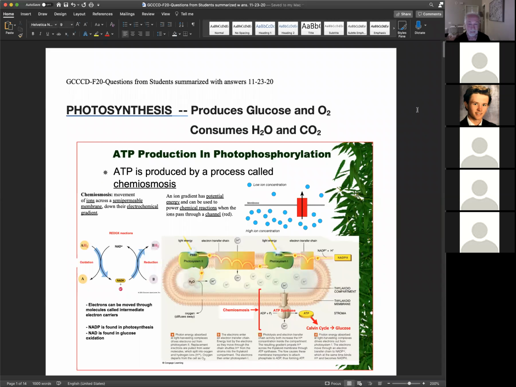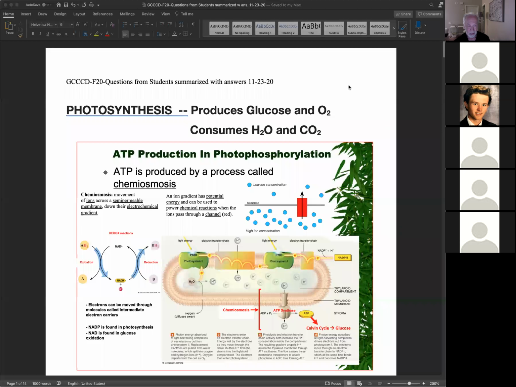All right. Let's start out with photosynthesis and respiration, because there were a lot of questions about that in one way or another. So photosynthesis produces glucose and oxygen. It consumes water and carbon dioxide.